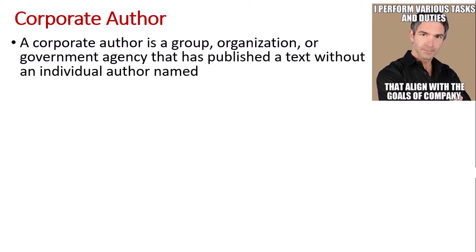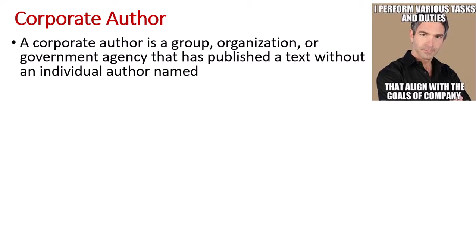A corporation might use this, like let's say that a manufacturer has a recall on a product. They don't want one person blamed for that, right? So they don't want one person putting out a statement and having their name assigned to it. Other times, corporations or organizations might have what's called a white paper, where they will put out their opinion on a subject.